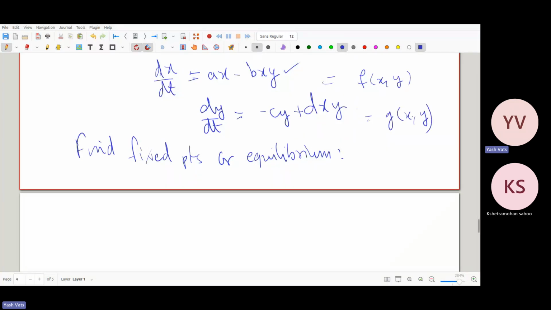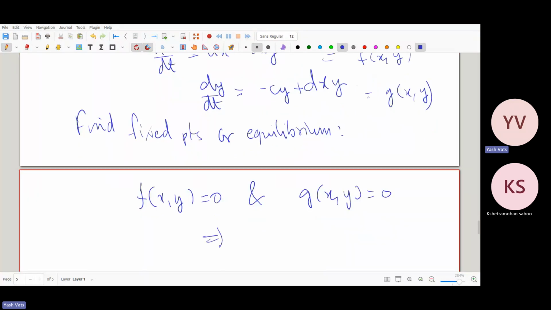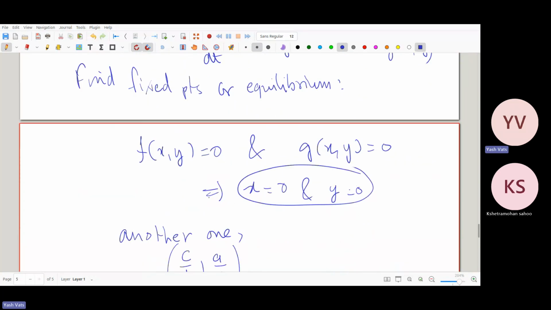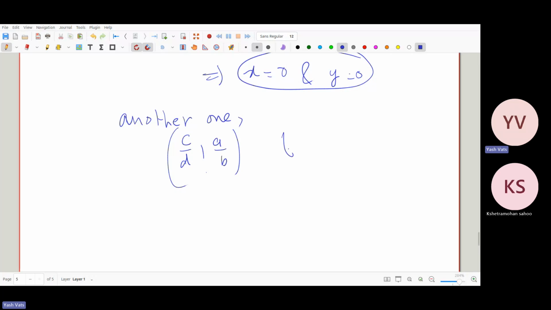You put f(x,y) equal to 0 and g(x,y) equal to 0 to solve. What does this give? This implies x = 0, y = 0 is one point, and another one is c/d and a/b. So that is two fixed points.